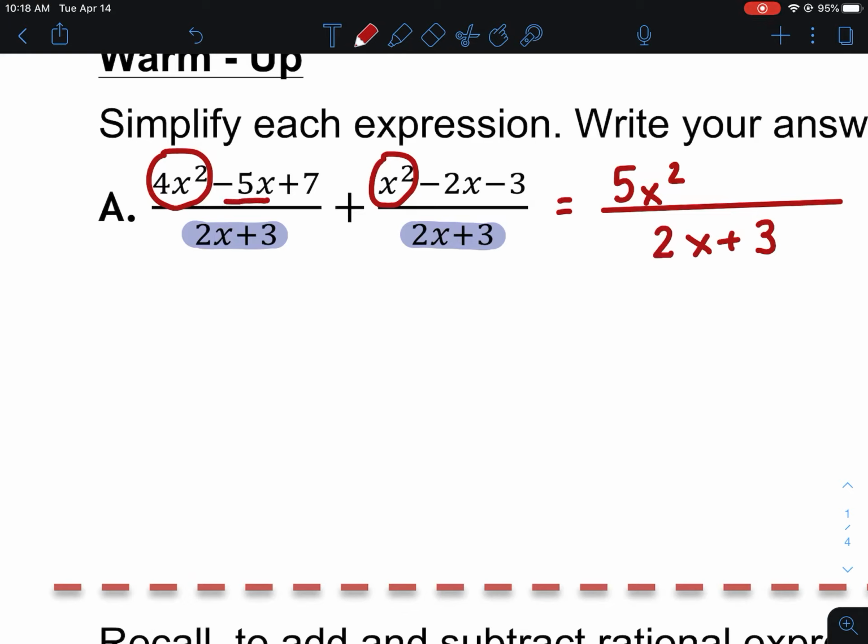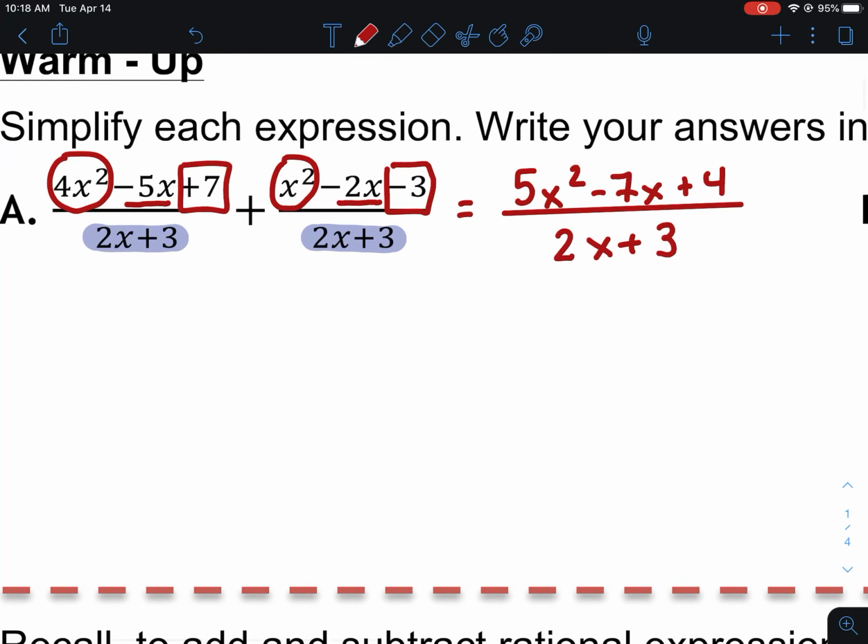Then I have negative 5x, negative 2x gives me negative 7x. Finally, I have 7 and negative 3, which gives me 4. Now, if I could factor that top, I would look to see if I could factor it and then simplify from there. But in this case, that's not something we're used to factoring, so we're just going to leave it.